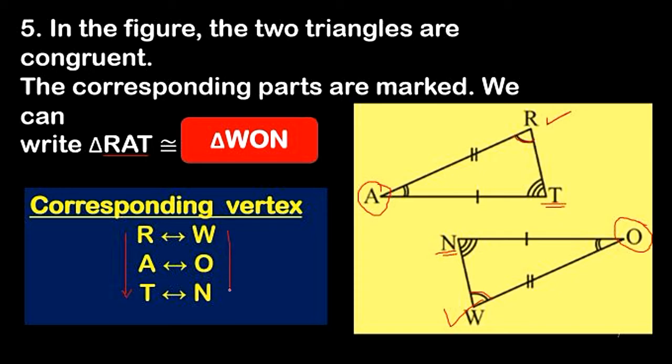What name do I have here for the second triangle? WON. Because I have marked it RAT, the sequence is like this, right? So here also I will be taking the sequence like this. So it gives WON. Next question, question number 6.